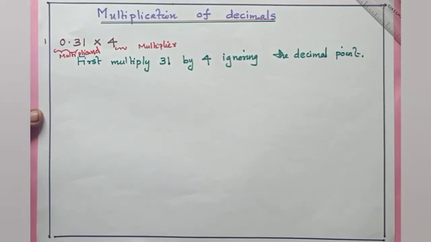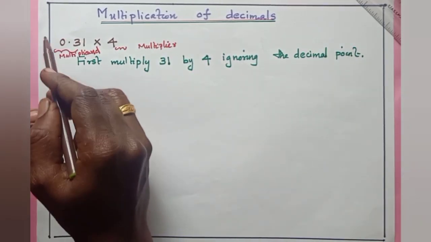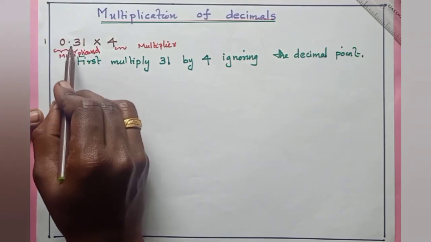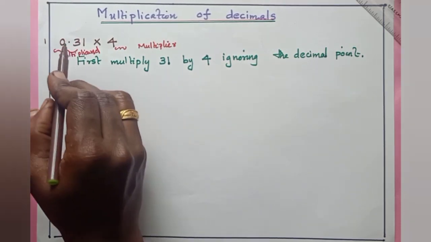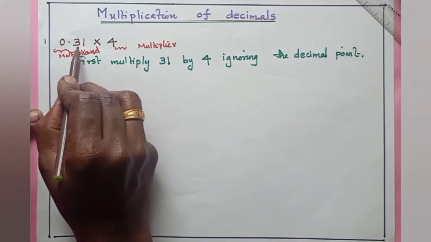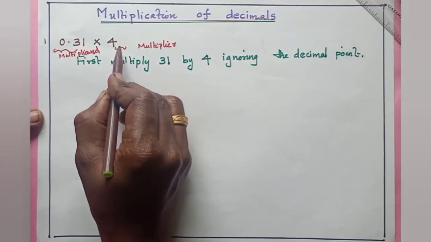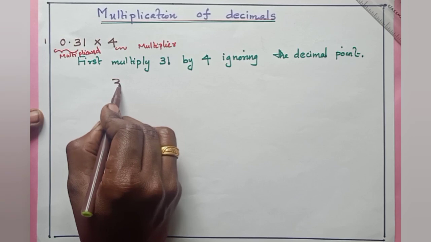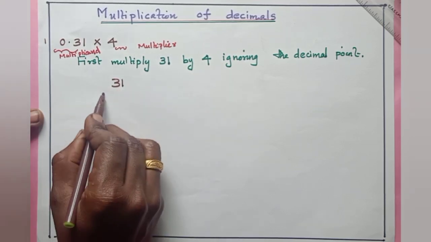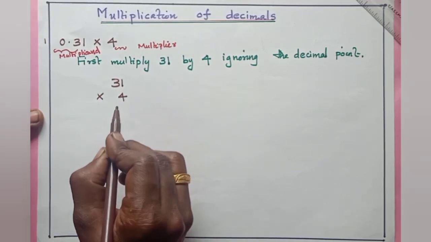So, first avoid the decimal point. Take that decimal number as a whole number. So we get 31 into 4. So, multiply 31 into 4.